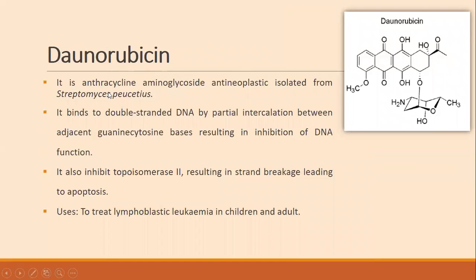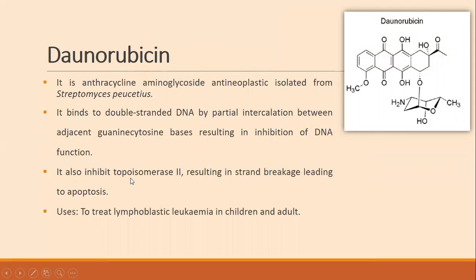It is an anthracycline aminoglycoside antineoplastic isolated from Streptomyces peucetius. It binds to double-stranded DNA by partial intercalation between adjacent guanine cytosine bases, resulting in inhibition of DNA function.